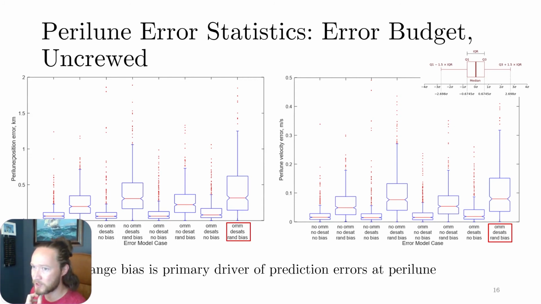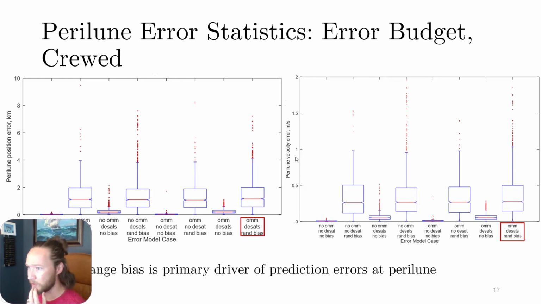And so this is position on the left, velocity on the right. What we're looking at here are box whisker plots, where the notched line is our average, the box is our inner quartile region, our outer quartile region is the whiskers, and then some outliers plotted beyond 2.698 sigma.